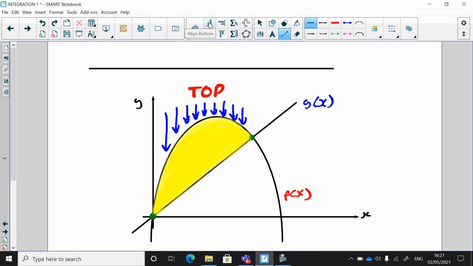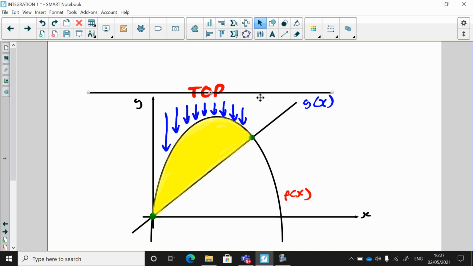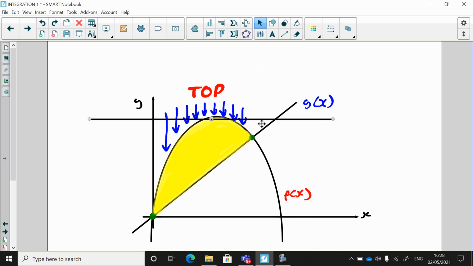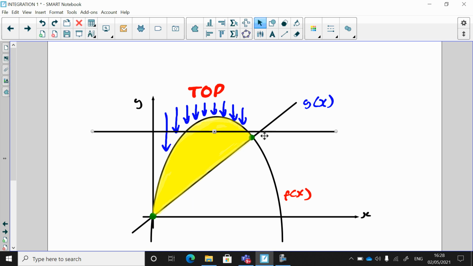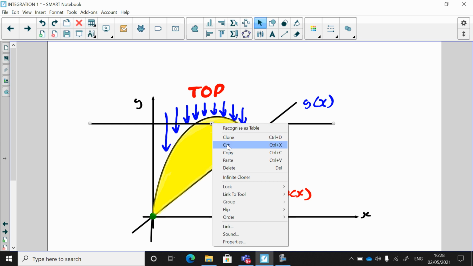So as I'm coming down from the top here, what did I hit first? Yep, I hit that there. Top, top, top, top, top, right to there. I'm coming down to there. So that there is the upper bound of the region. That's what I'm hitting there.